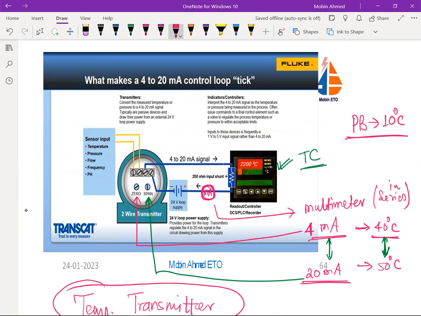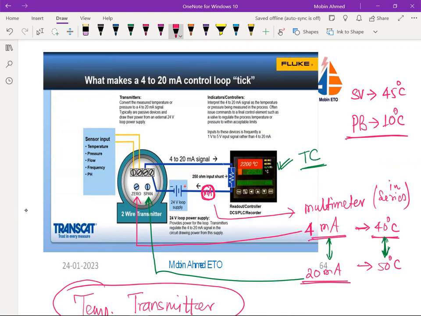The set value, that is the set temperature, I am keeping at 45 degrees centigrade, and PV is 10 degrees centigrade, 5 degrees each side. In that case, 40 degrees centigrade is going to be my lower value, whereas the higher value is going to be 50 degrees centigrade. Now we need to set this in the temperature transmitter as well as the temperature controller, both the places.